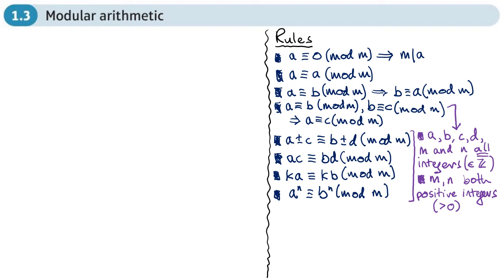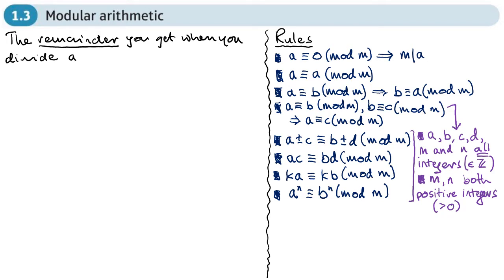This is the third section of chapter 1 on number theory, and this is on modular arithmetic. Now, modular arithmetic is basically the remainder you get when you divide an integer by a number which we're going to call the modulus.